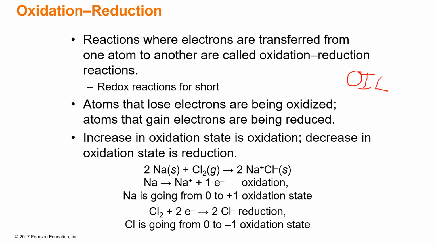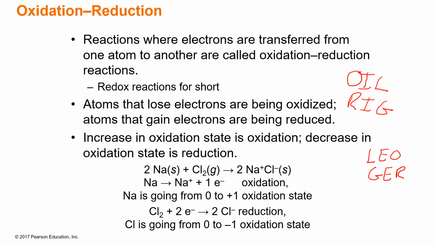So OIL: oxidation is loss. RIG: reduction is gain of electrons. Or if you prefer, you can use Leo the lion says GER, which is loss of electrons is oxidation, gain of electrons is reduction. And that just helps you remember which one is which.